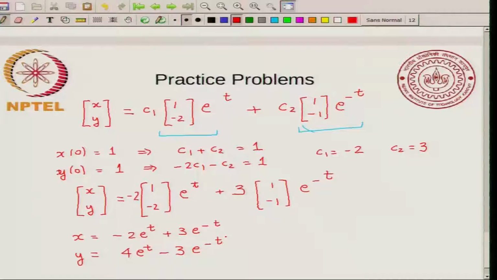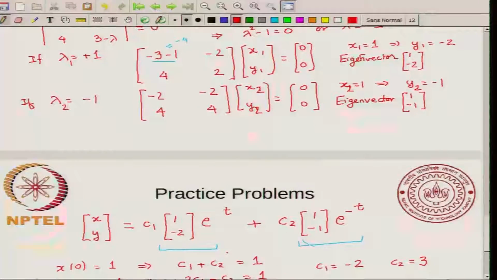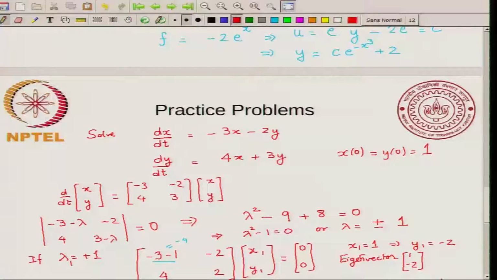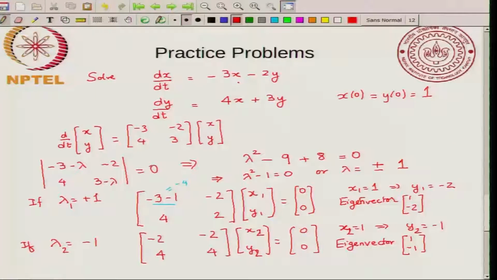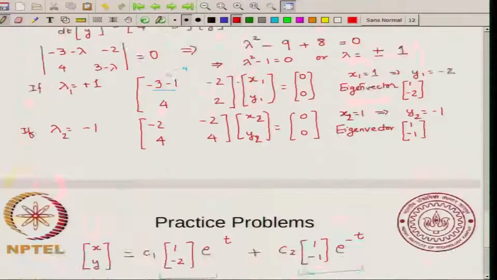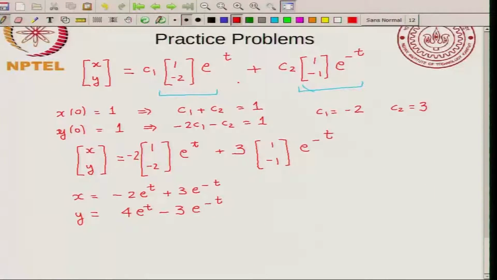If I equate the second row, I'll get this equation. So in this way you can use the method of matrices to get the general solution of the differential equation, and just for practice you can verify that if you take dx by dt, you get nothing but minus 3x plus 2y, and if you take dy by dt, you will get 4x plus 3y. So you can verify those for practice.